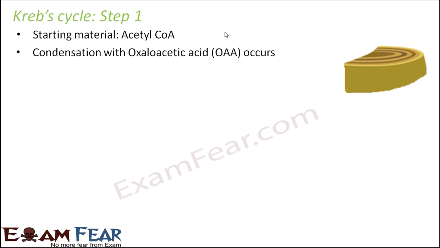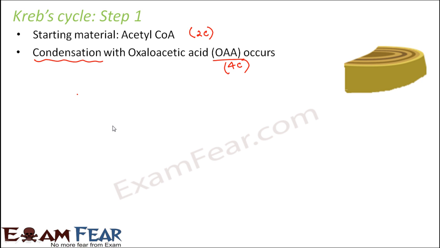When I say condensation, it basically means that oxaloacetic acid and acetyl coenzyme A will combine together to form a new compound. Now acetyl coenzyme A is a 2-carbon compound and oxaloacetic acid is a 4-carbon compound. Now when condensation takes place between a 2-carbon compound and a 4-carbon compound, what is expected? Right, a 6-carbon compound will be formed.